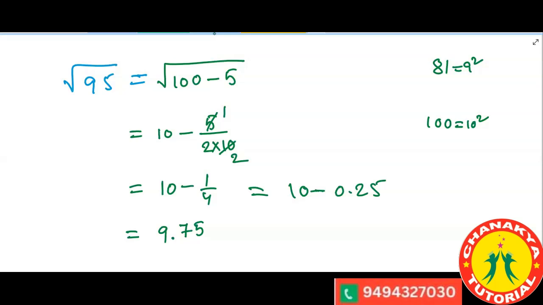So 10 minus 0.25 is 9.75. Yes, sir, 9.75. That's the answer.